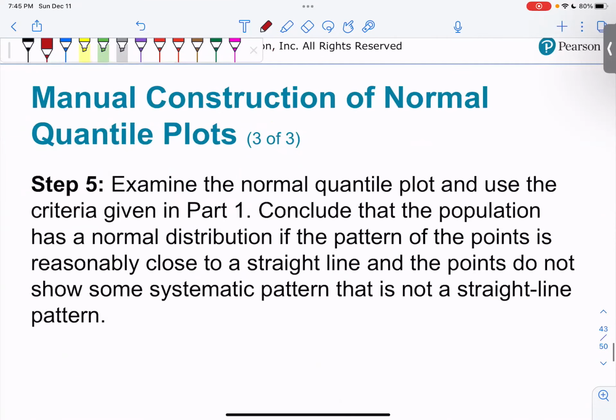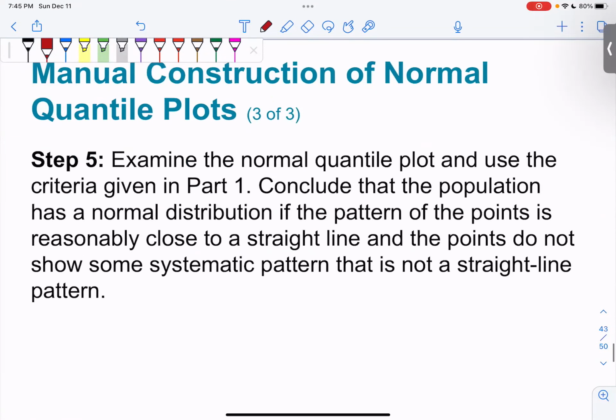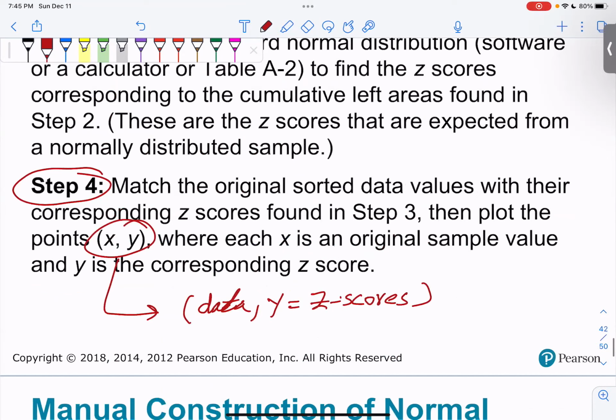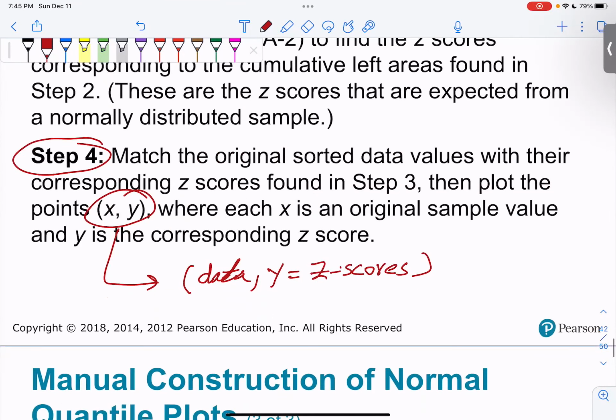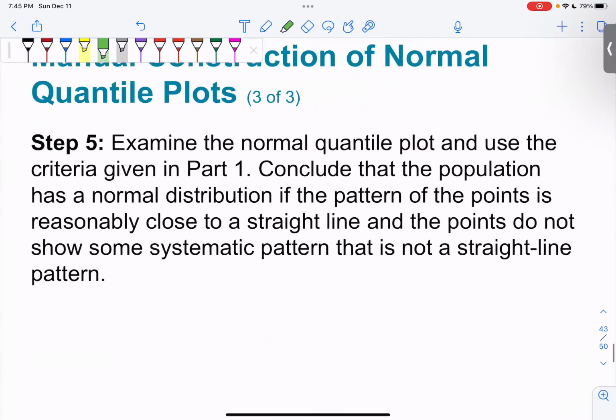And then we'll see how, when we draw them together, graph those values together, and then we will examine the normal quantile plot using the criteria given earlier.